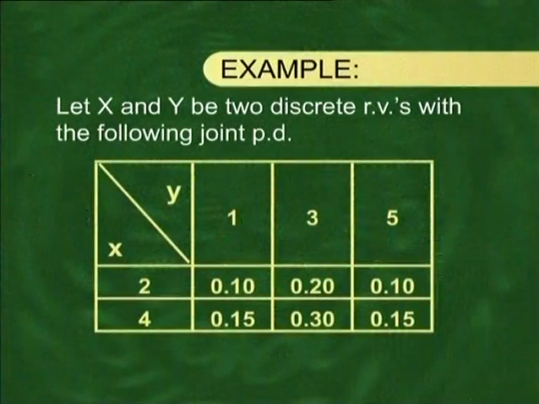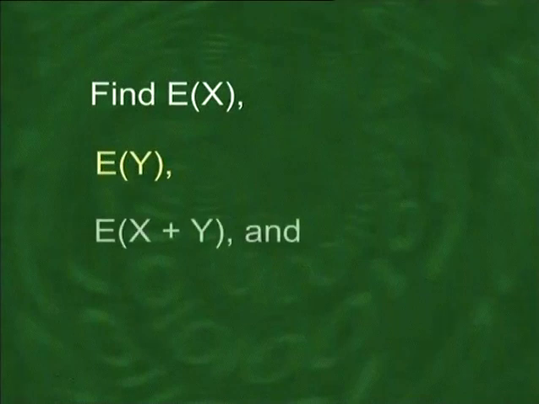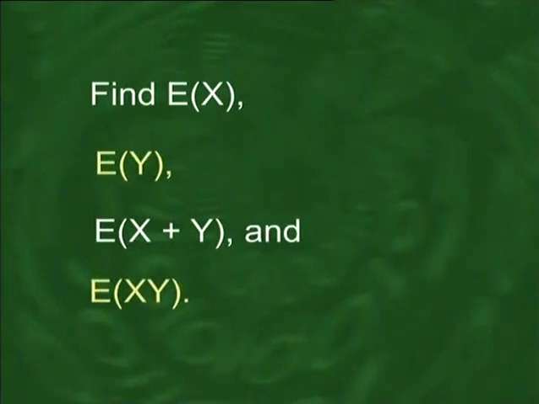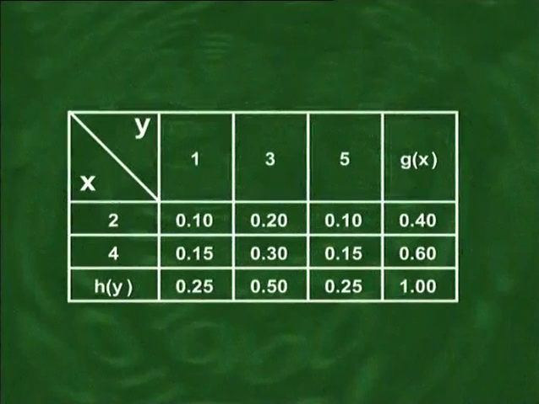As you now see on the screen, if we have a situation where x and y are two discrete random variables with the joint probability distribution given as you see on the slide, and if we are required to find expected value of x, expected value of y, expected value of x plus y and expected value of xy, then in order to find E of x and E of y, we will compute the marginal probability distributions G of x and H of y.